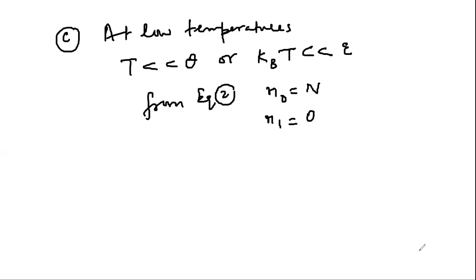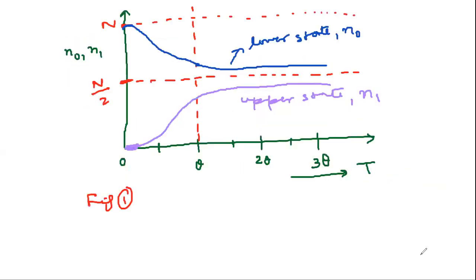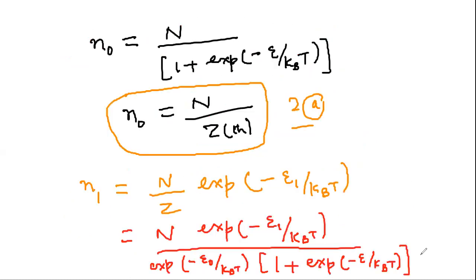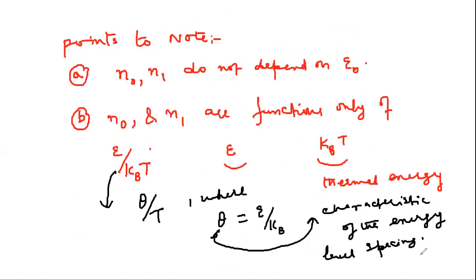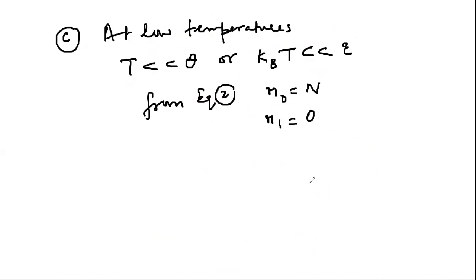These are the expressions for N naught, 2a, and N1, 2b.